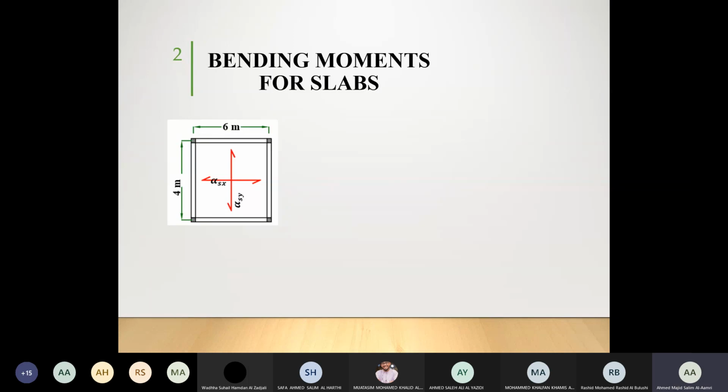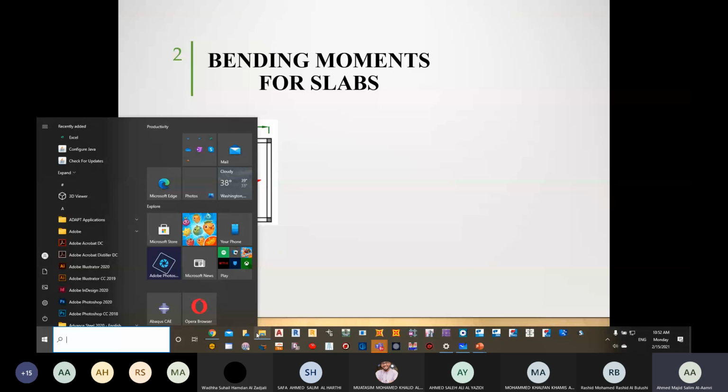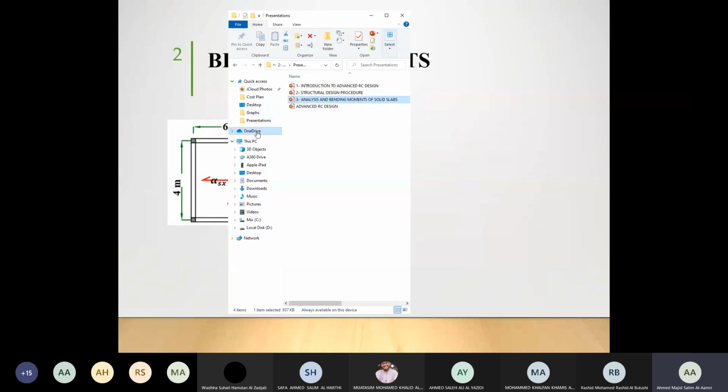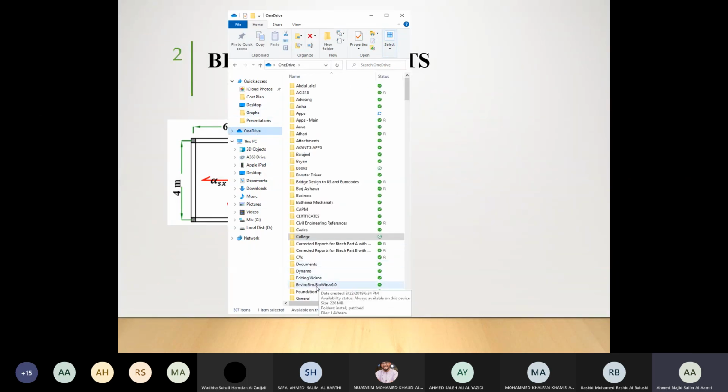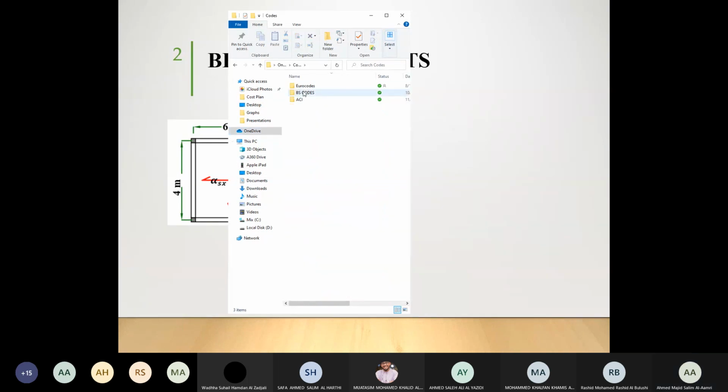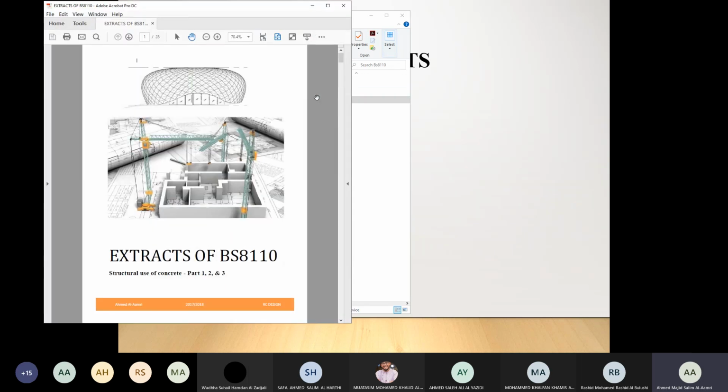Two-way slab. Okay. Now for two-way slab, if we open our BS code, I have already uploaded the BS code for you. Now you can see that I have uploaded extracts as well as brief. Extracts are the summarized part.